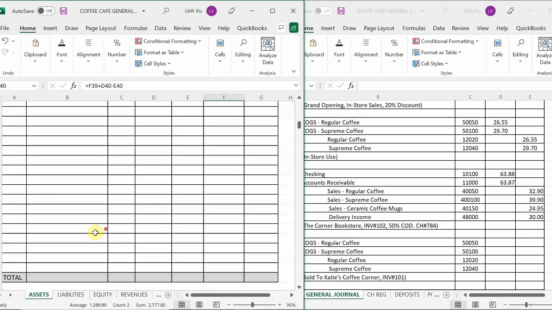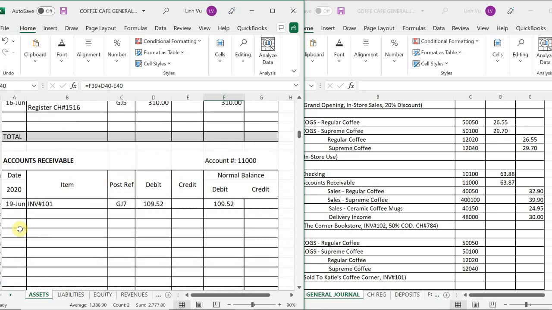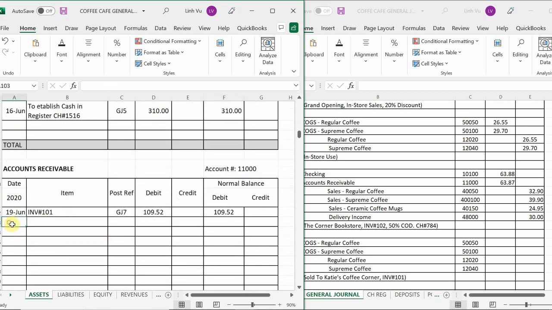Accounts receivable. Invoice number 102 for $63.87.